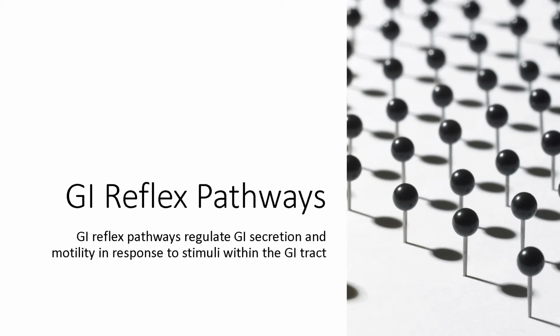This slide is just reiterating that the enteric nervous system is regulated by the autonomic nervous system, by the vagus nerve of the parasympathetic fibers, and then the sympathetic fibers as well. So these reflex pathways by the autonomic nervous system are really going to regulate that gastrointestinal secretion and motility.